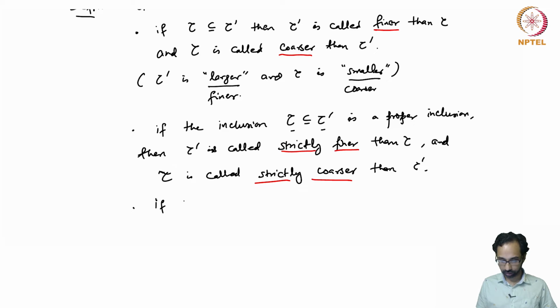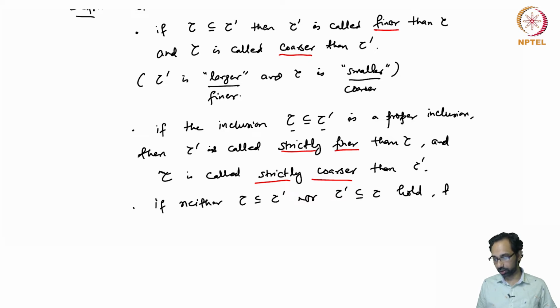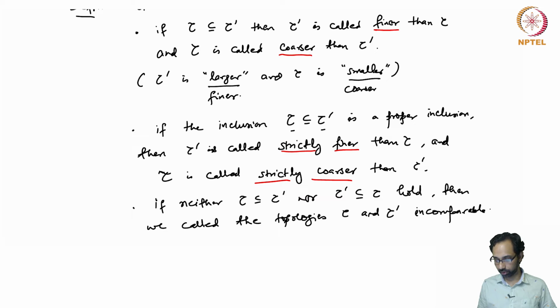If neither tau is a subcollection of tau prime nor tau prime is a subcollection of tau holds, then we call the topologies tau and tau prime incomparable, meaning they cannot be compared, and otherwise we call them comparable, meaning that either this holds or this holds.